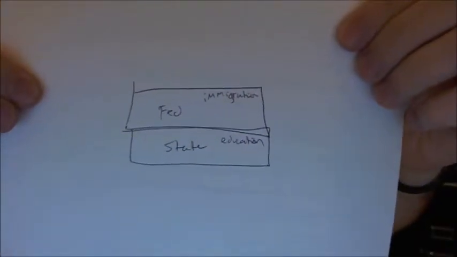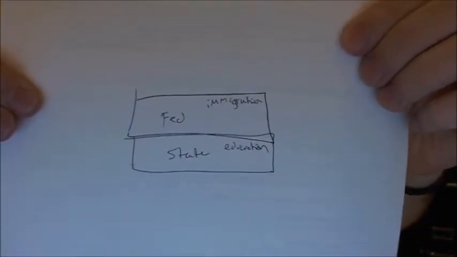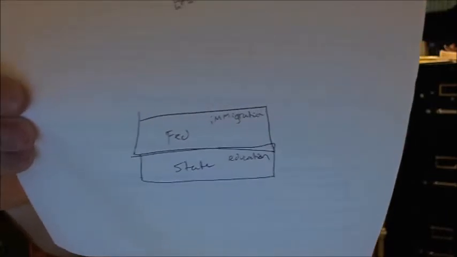The federal government will do things like immigration, the state will do education, and notice there is no overlap in immigration and education between the federal government and the state government. Federal government is the 100% authority on immigration, state 100% authority on education. That is layer cake federalism / dual federalism. Two names, same thing.